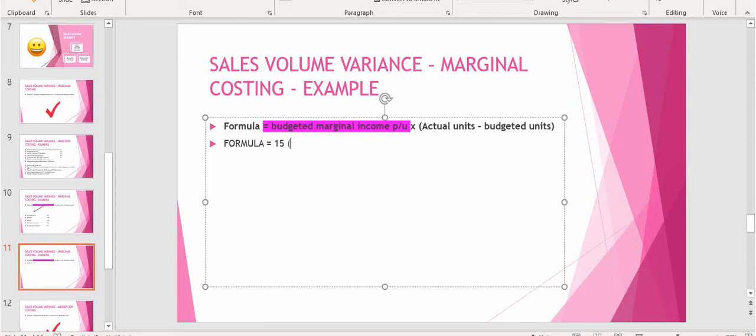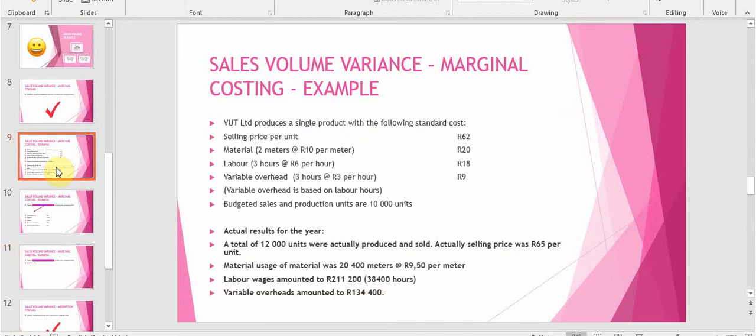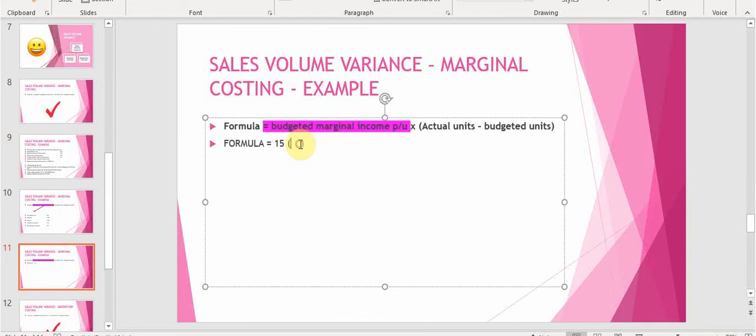It is 15 Rand. And then if we go back to the example, the actual and budgeted units are normally not too difficult to find. The actual units were 12,000 units and the budgeted units were 10,000 units. So we're going to say it is 12,000 units minus 10,000 units.